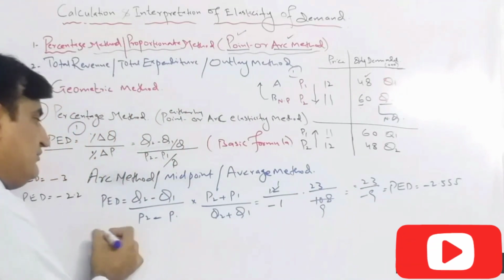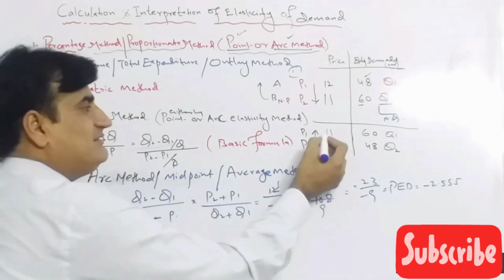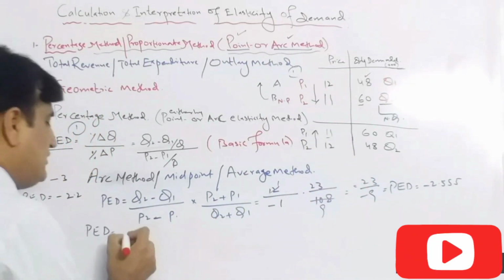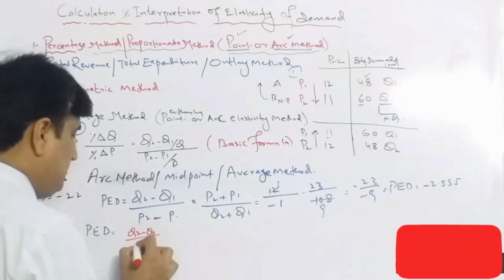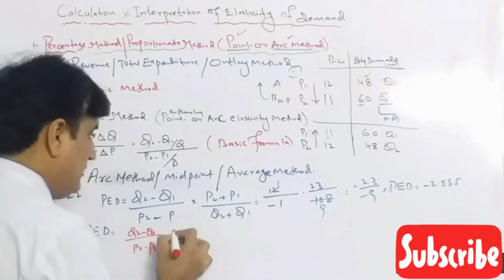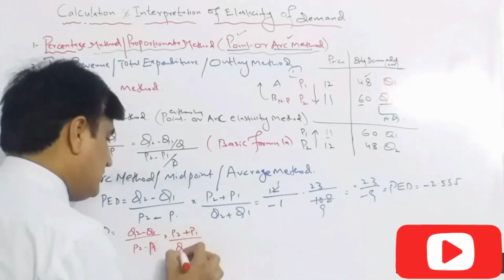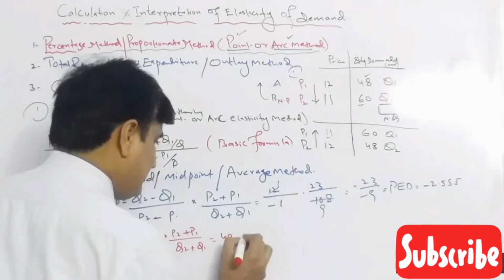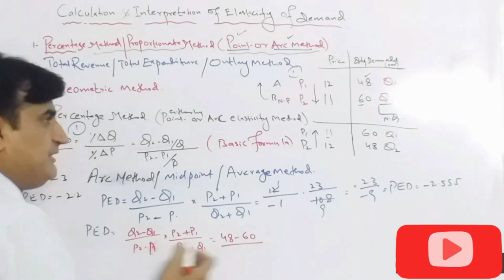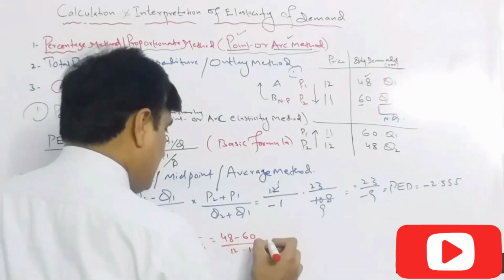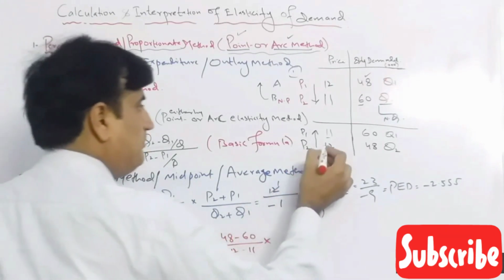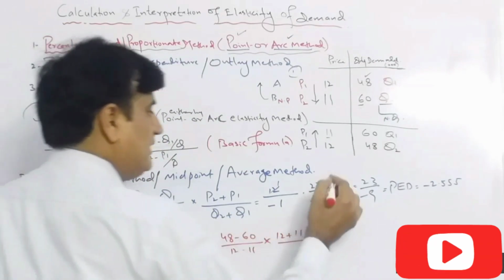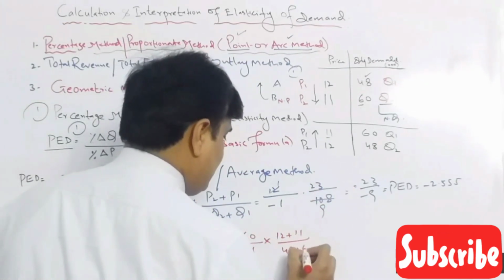Minus 2.55, and 2.55. Now we are going to calculate the elasticity when P1 is 11 and P2 is 12. So the price elasticity of demand is equal to Q2 minus Q1 upon P2 minus P1 multiplied by P2 plus P1 upon Q2 plus Q1, which is equal to 48 minus 60 upon 12 minus 11, multiplied by 12 plus 11 upon 48 plus 60.